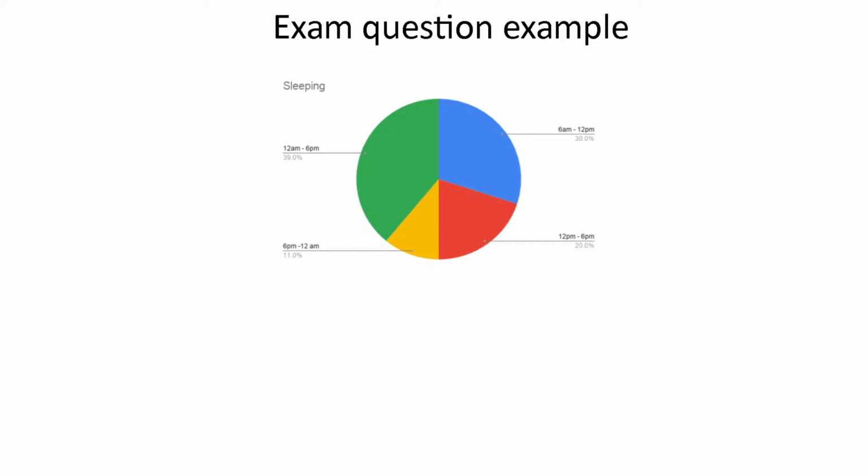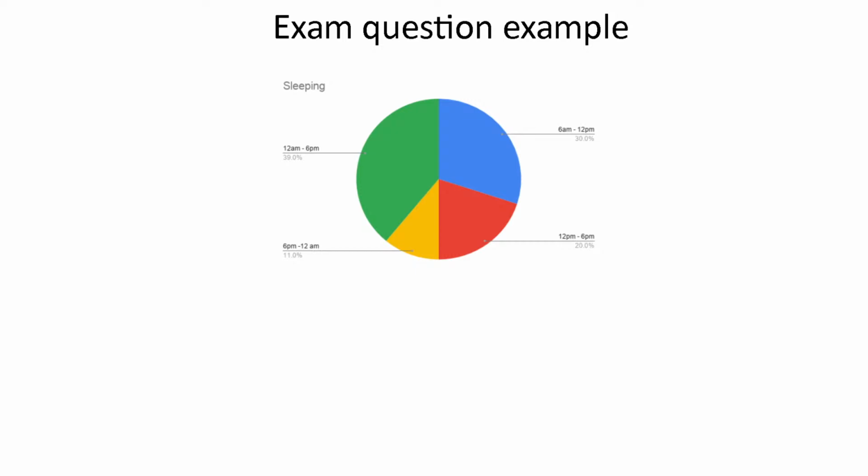So this is a pie chart, and it's all about sleeping, different times of day, and we're using the same sentence frame that we've been talking about, which is, we mention the percentage, we mention the group, then we talk about a verb, and then we talk about the category.